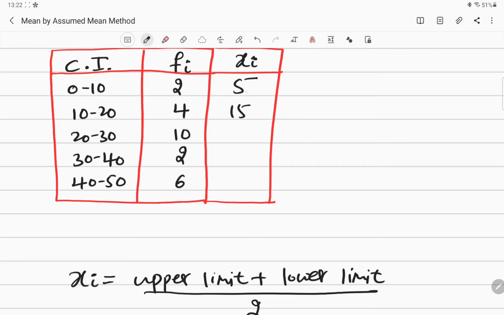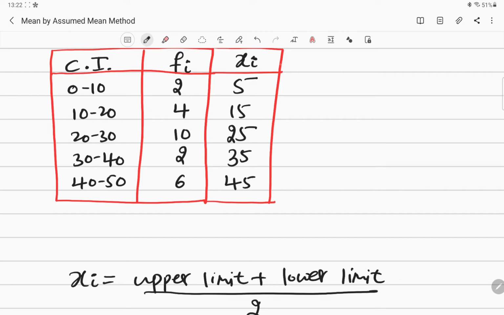So there is a gap of 10 here, from 5 to 15. Here we get 25, because 20 plus 30 is 50, and 50 by 2 is 25. Similarly, I am going to have 35, then 45. Look at this, 40 plus 50 is 90, and 90 by 2 is 45. So these are the values of xi.